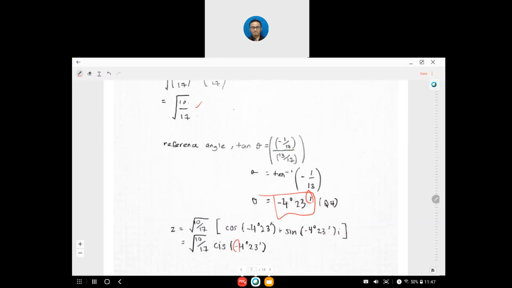Okay, since it's placed at the fourth quadrant, 360 degree minus 4 point berapa tu? 4.40.